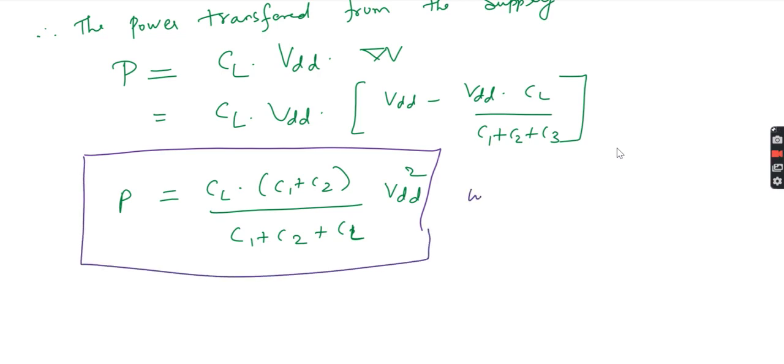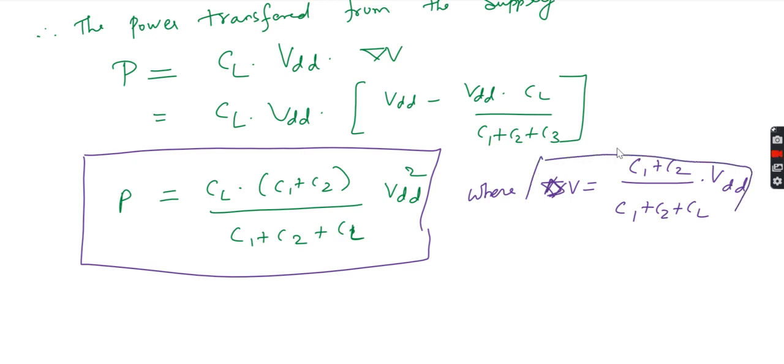Now I can say that the new del V will become like this. Change in voltage, del V, will become C1 plus C2 divided by C1 plus C2 plus CL into VDD. After you simplify the del V, you may get this.